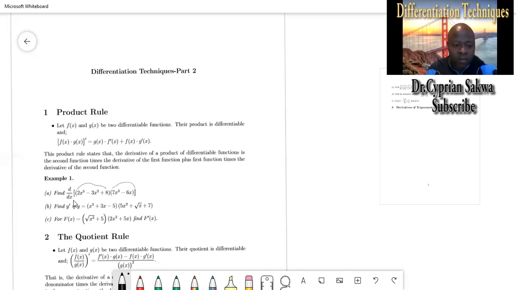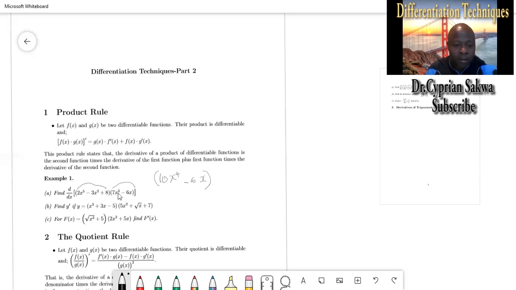So let's differentiate our first function. We get 10x raised to 4 minus 6x. This is a constant, its derivative will be 0.